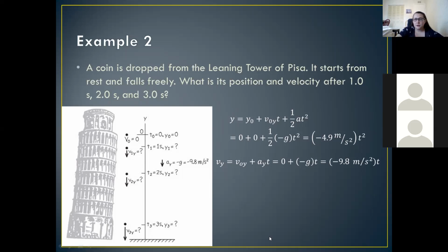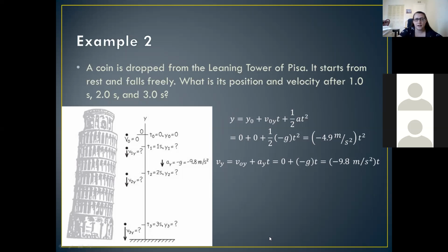So when we plug that number in there, 1/2 of negative 9.8 is negative 4.9 meters per second squared times time squared. So this equation that I have created is valid at any time in our problem. And because the question asks you for the position and velocity at 3 different times, I can just plug each time into that equation now that it's simplified and ready to go.